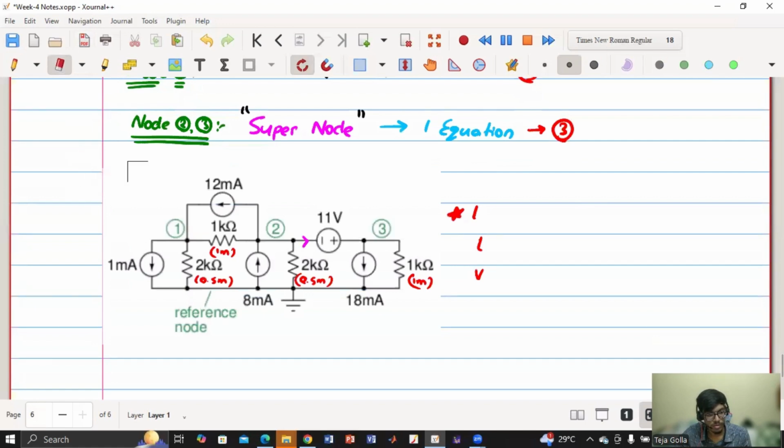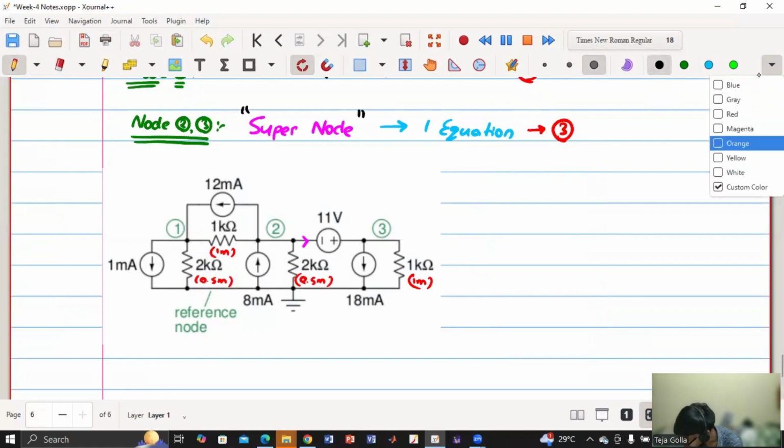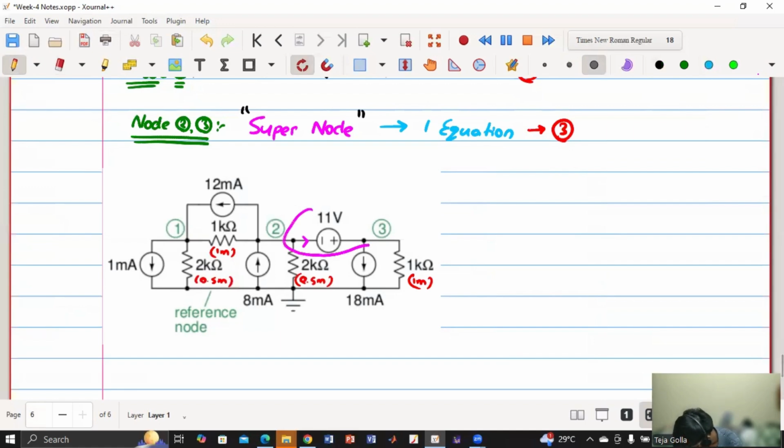Basically we will be considering the equations at node 2 and at node 3 by assuming that this is entirely a common node. So we'll consider this as one node, which is the super node. Is it clear until this point what we are doing?